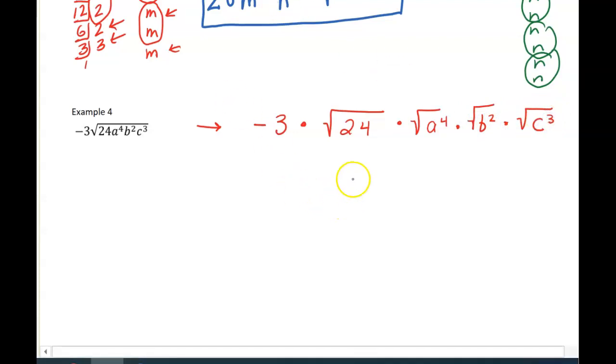Let's break it down. Square root of 24, and I'll show you the other way this time. Like I said, you can pick whatever way you're most comfortable with. The square root of 24 is the same thing as the square root of 4 times the square root of 6, and the square root of 4 is 2. So this is just 2 square root of 6.